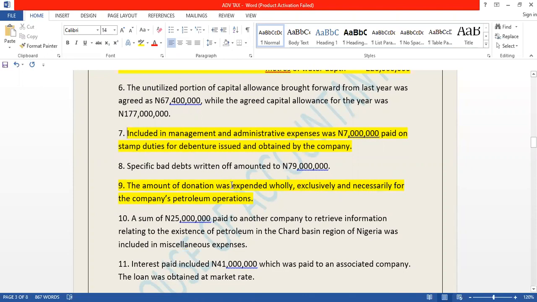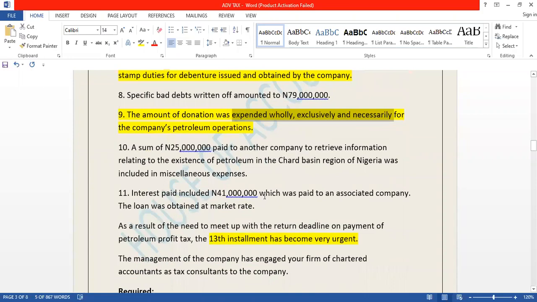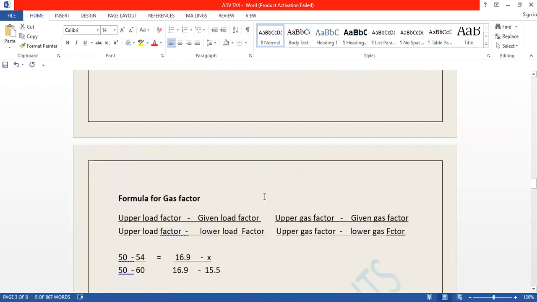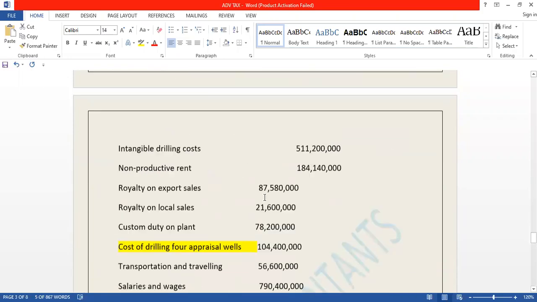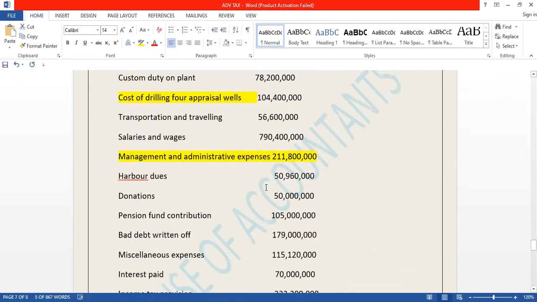So anytime you see these three things, it means it has been certified. So that amount of donation is allowable. So let's leave it as it is. So we have 50,000 for donation, and we have 50,000 for Abbas dues.